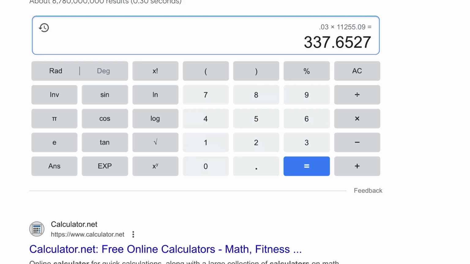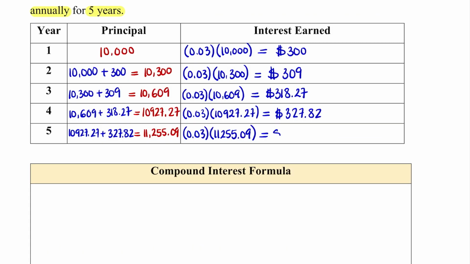I'm rounding it to 2 decimal places, so it's $337.65. The reason I rounded to 2 decimal places is because this is in dollars. When we work with dollars, we are allowed to have 2 decimal places.